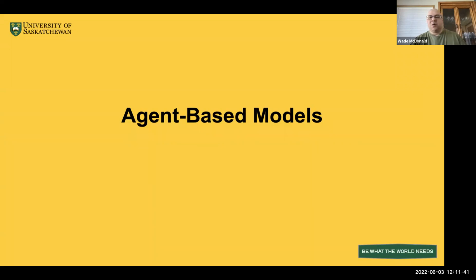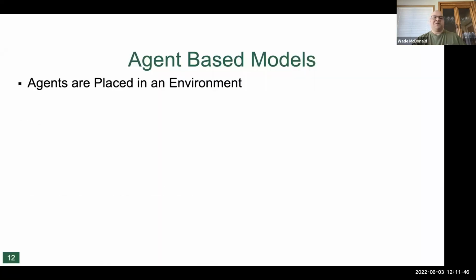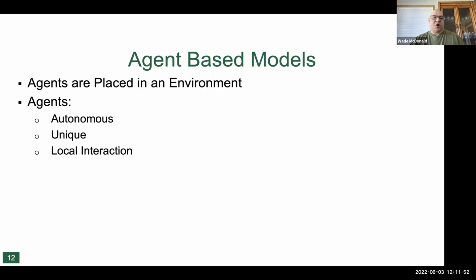So I'll say something about agent-based modeling specifically. This is one type of simulation modeling where agents are placed in an environment. The agents are autonomous, so they act independently of one another. They're unique. They have properties which are specific to each agent and may vary across the population.